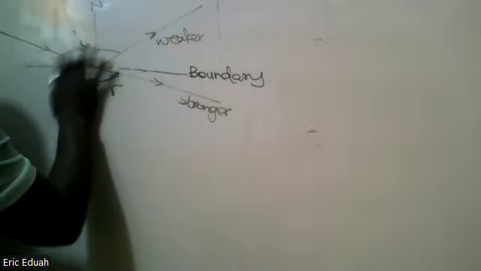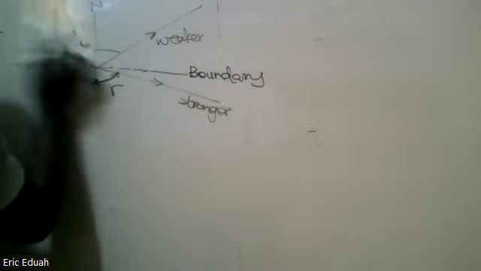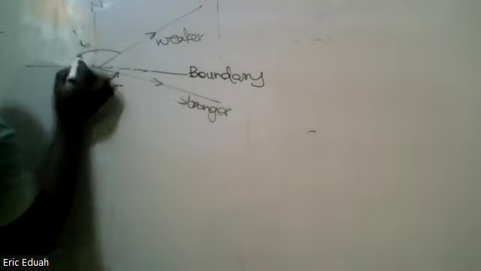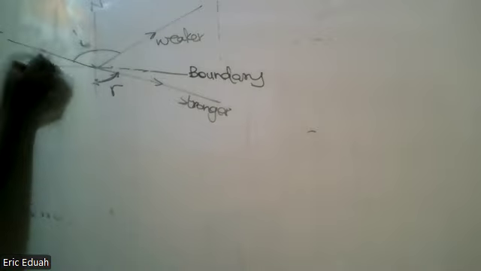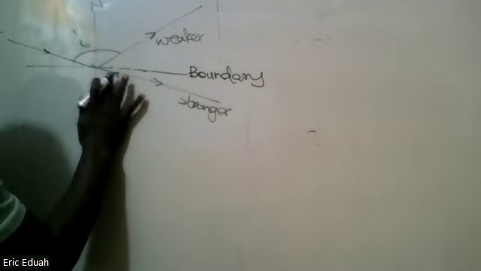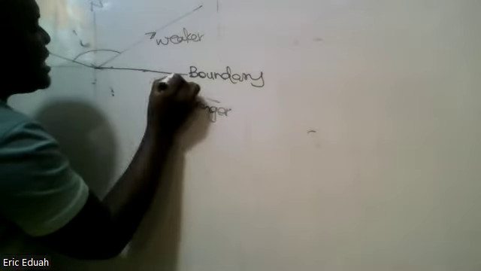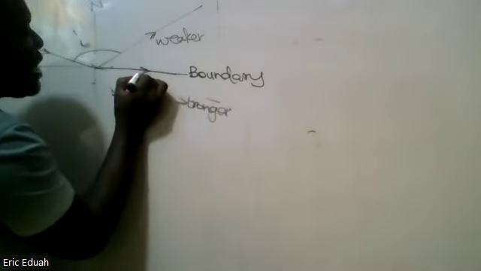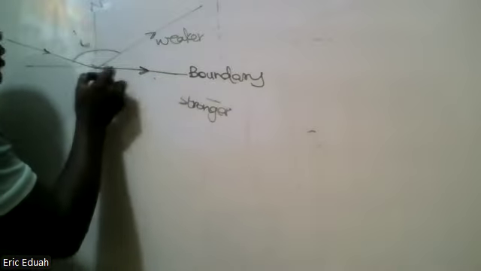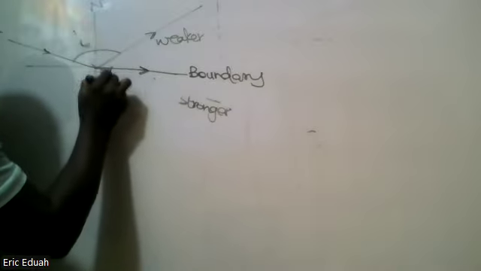Now, as we increase I, there will be that particular angle of incidence where the angle of refraction is 90 degrees, meaning the refracted ray will be on the boundary. This is 90.